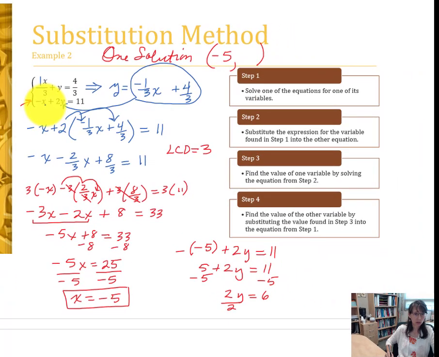And now division by 2 means y is equal to 3. So now we have found the corresponding y value, and we can fill the ordered pair in. So we know that this system of linear equations has one solution, and that is the point negative 5, 3.